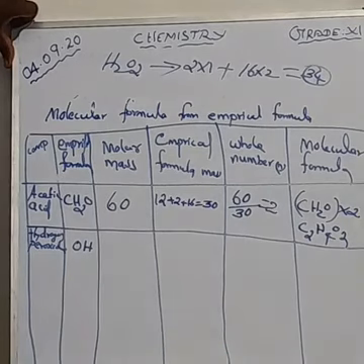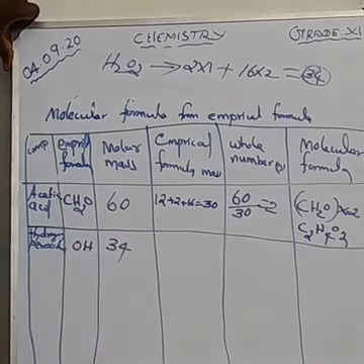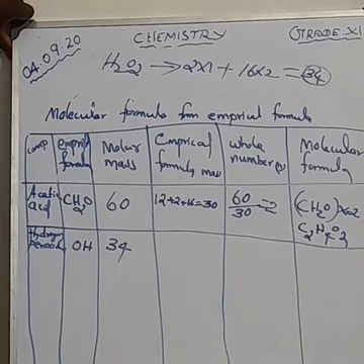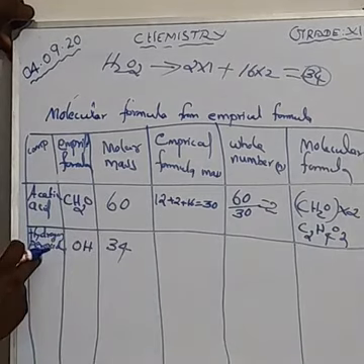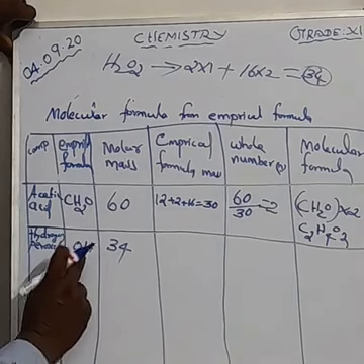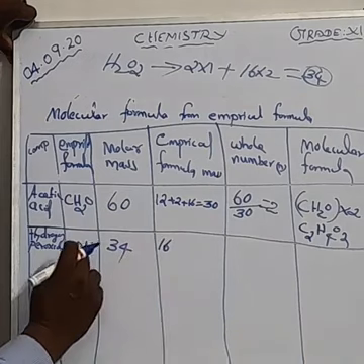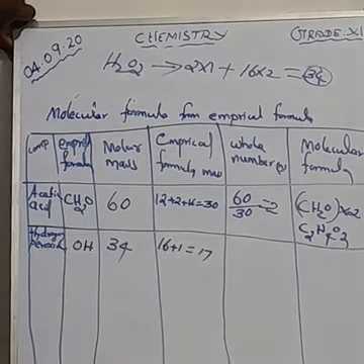Clear? 34 is the molar mass. Next, the empirical formula mass for hydrogen peroxide: oxygen has atomic mass 16, hydrogen has 1, so 17.